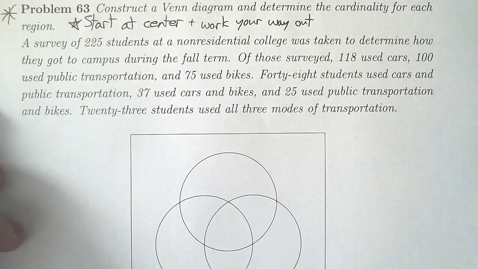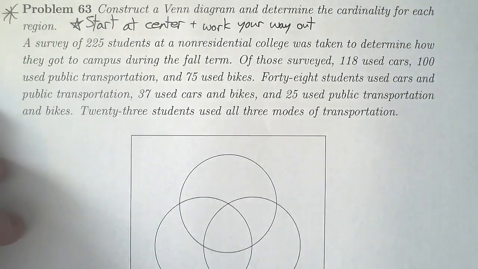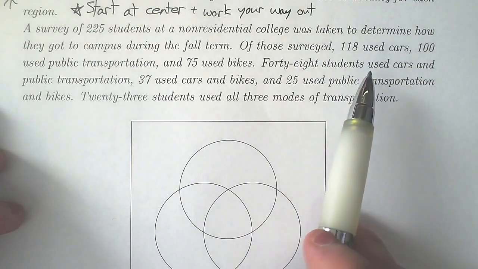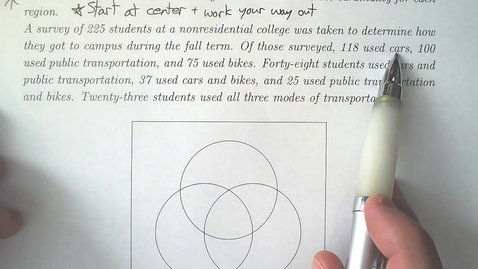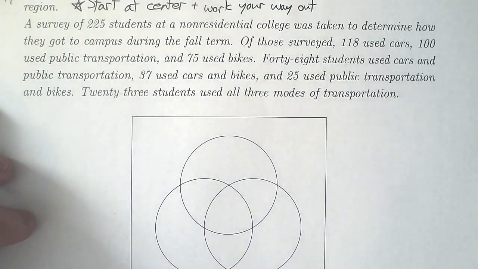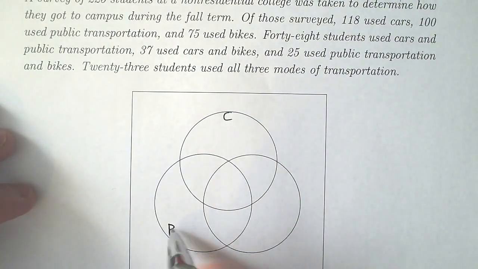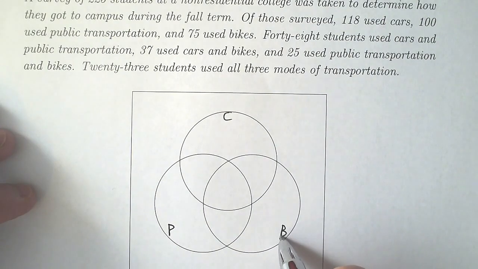Well, maybe first things first, we need to label the diagram and say, what are the categories? So this one is a survey of students, and we're talking about different types of transportation, people who use cars, public transportation, and bikes. So I go ahead and label this as cars, public transportation, and bikes.